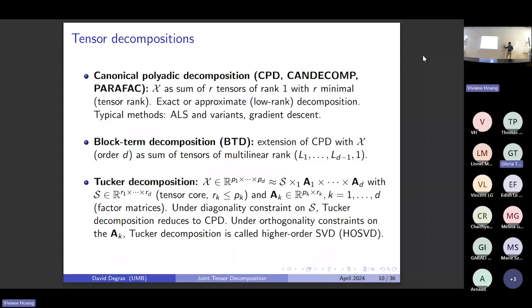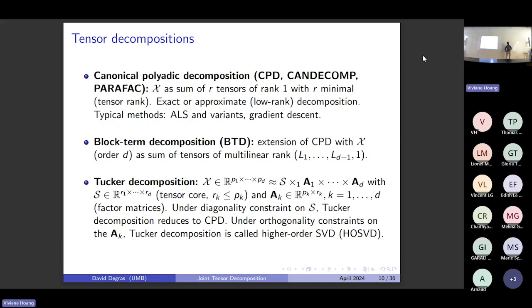A lot of the time in practice, you want to just approximate your tensor. So you can choose the number of rank 1 tensors that you use for this approximation. The problem of figuring out the rank of a tensor: if you think of a matrix, figuring out the rank of a matrix is something that's trivial. But for a tensor of order 3 and more, this becomes a really difficult problem.